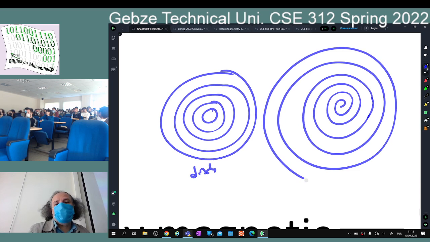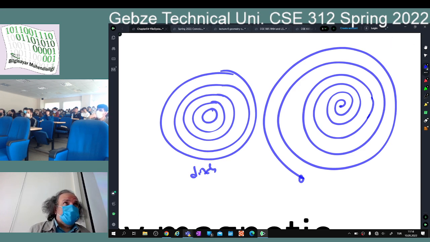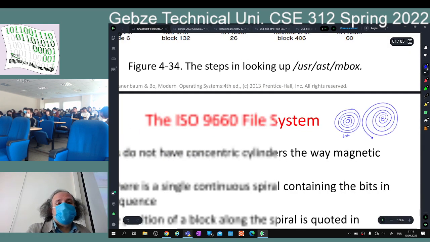There is no track number 7 or track number 5; there is a single track, and that's it. You start reading from this end, and you read continuously until you reach the center. Why? Because CD-ROMs were actually developed for what? At the beginning they were for audio. Exactly, for sound.